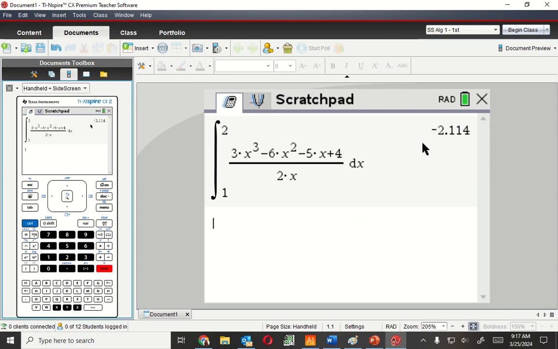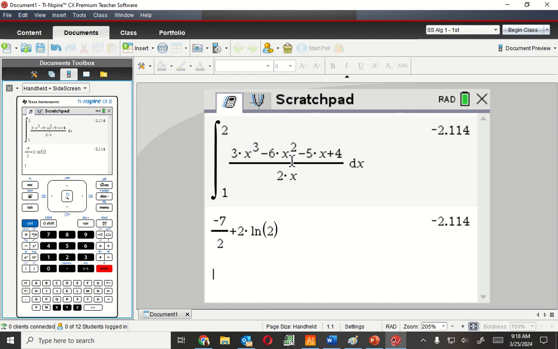What do I have? So it was negative 14 over 2 plus negative 7 over 2 plus 2 ln of 2.